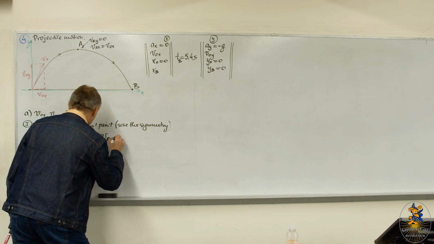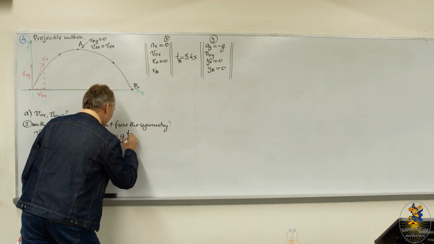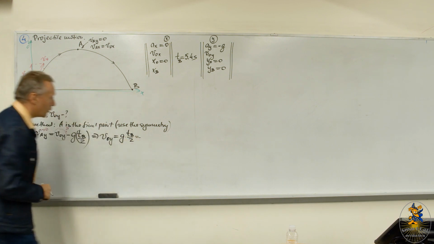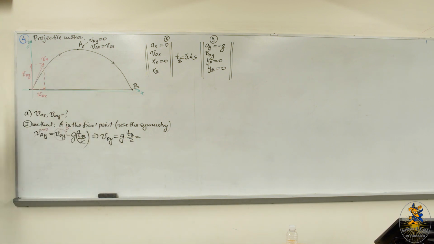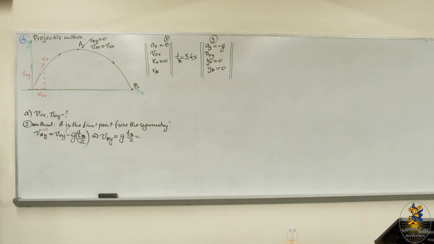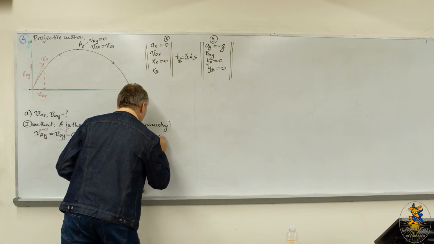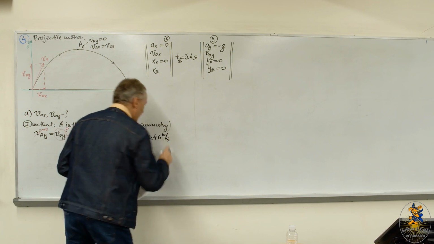Yeah, I was correct. So it will be equal to g t_B over 2. Right. Okay, you can plug numbers because everything is given. And the answer is 26.46. It's a velocity, just meters per second.